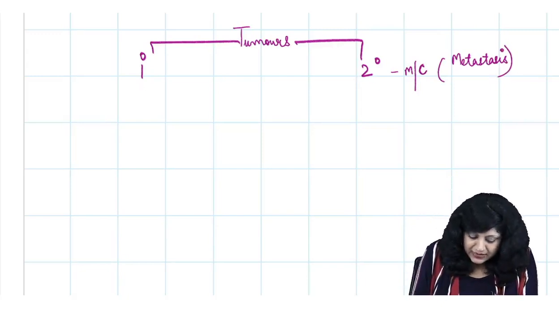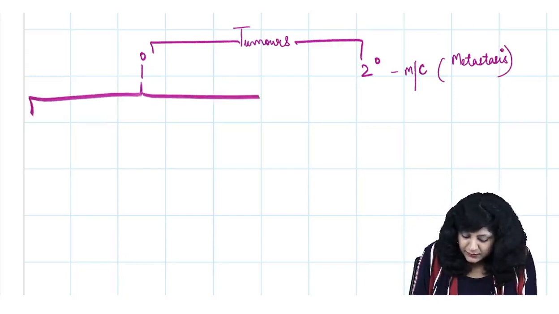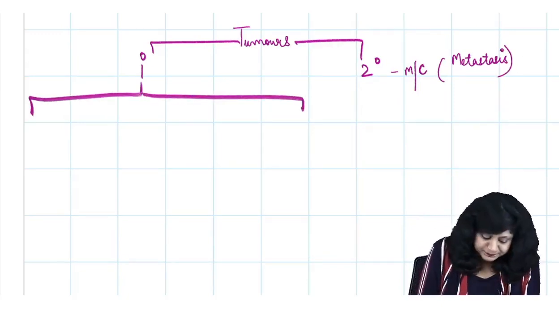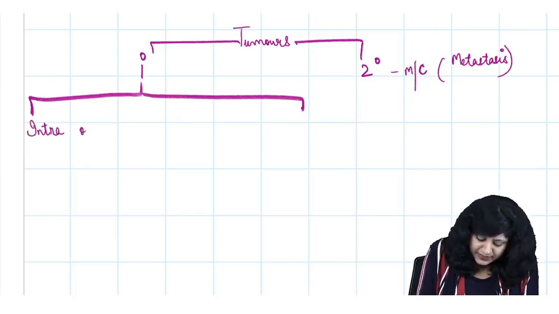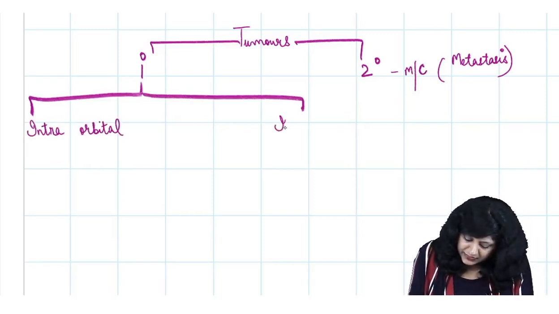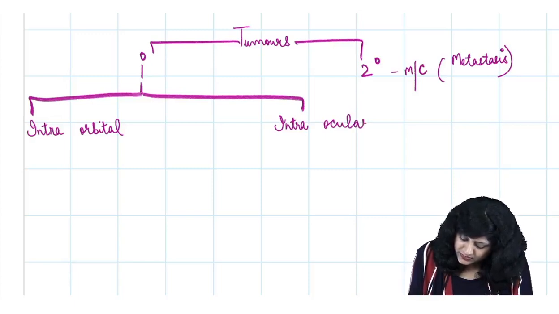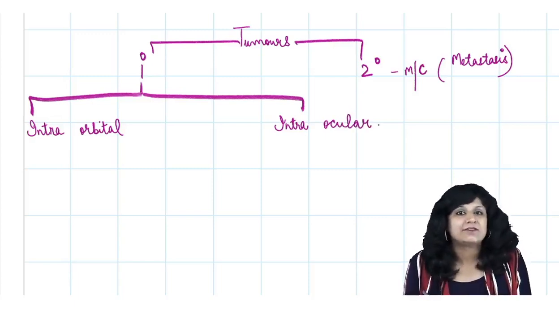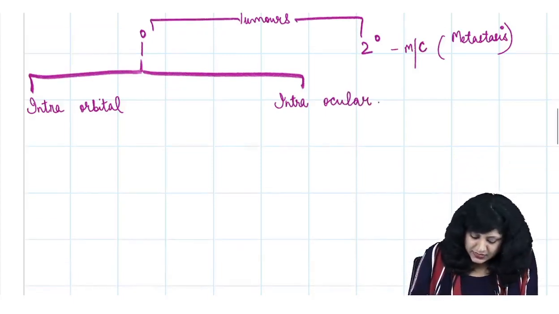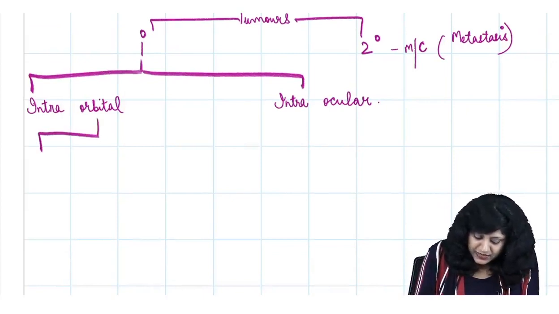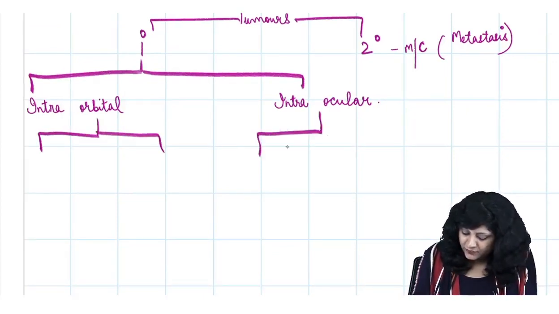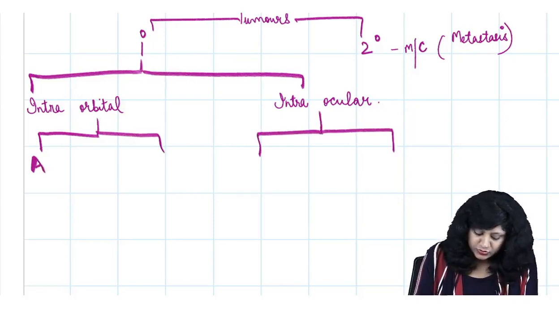Now these primary tumors can further be divided into two: intraorbital tumors and intraocular tumors. Now in both of them we can have two kinds, whether it is common in adults or children.